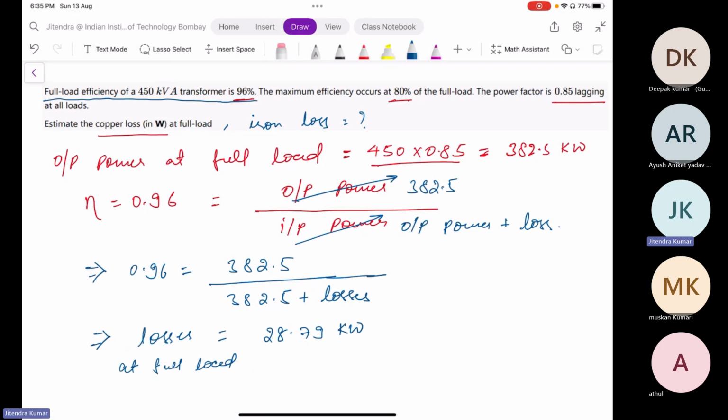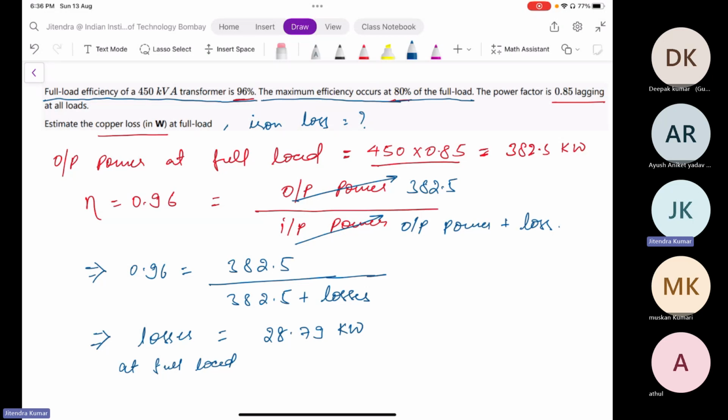Now focus on the second statement. What can we conclude from the second statement? Yes, sir. The maximum efficiency occurred at 80% of the full load. Yeah.